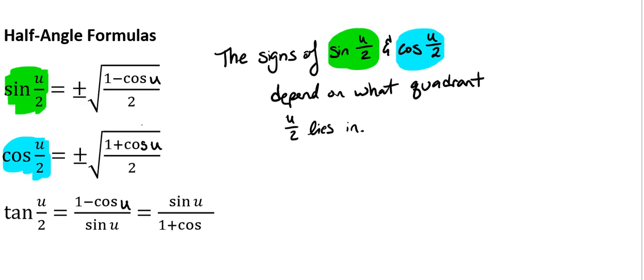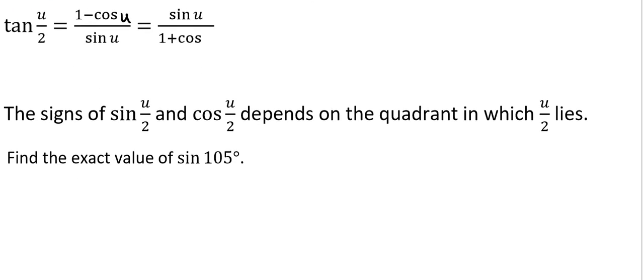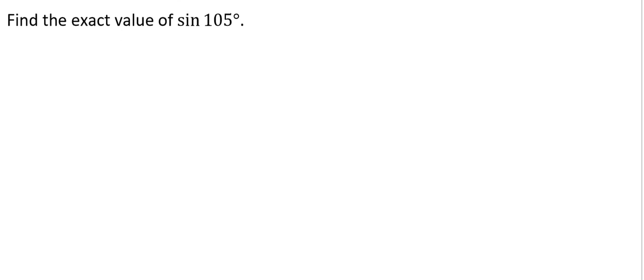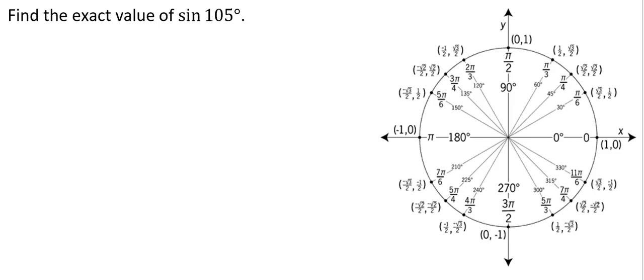So we're going to find the exact value of the sine of 105 degrees. Now if we look at our unit circle, we see that 105 degrees is not one of our pieces, but 210 degrees is, which happens to be twice 105.